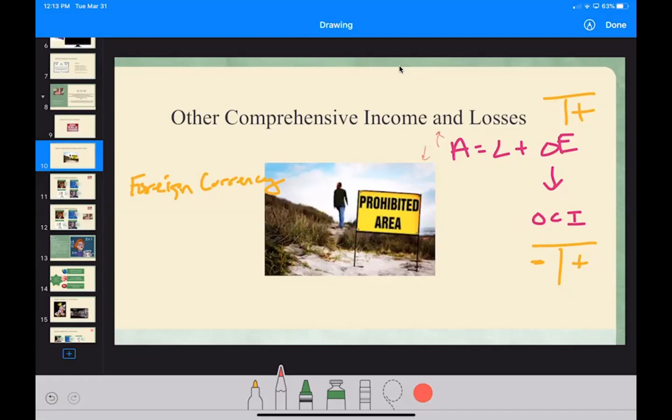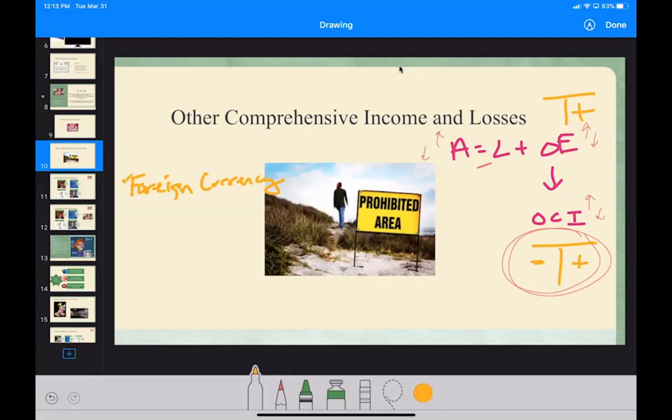So as this is going up or down, this has to remain in balance. So your equity is going to either go up or go down, but it's going up or down here in OCI, not impacting the income statement.